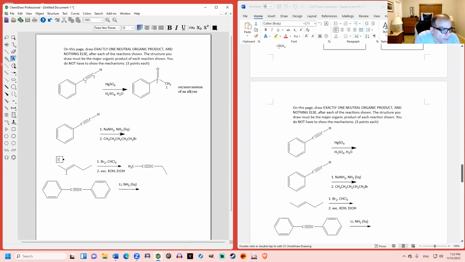This is carbon 1, 2, 3, 4, 5. And this is carbon 1, 2, 3, 4, 5. I'm just putting in the numbers to give a visual aid.